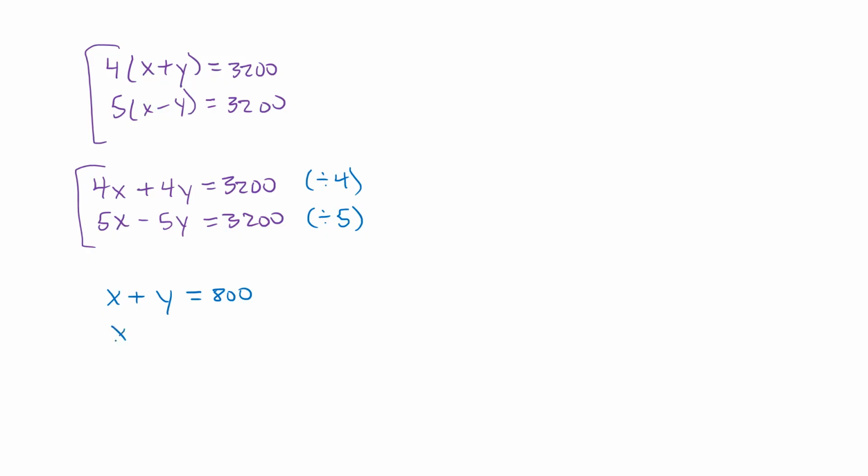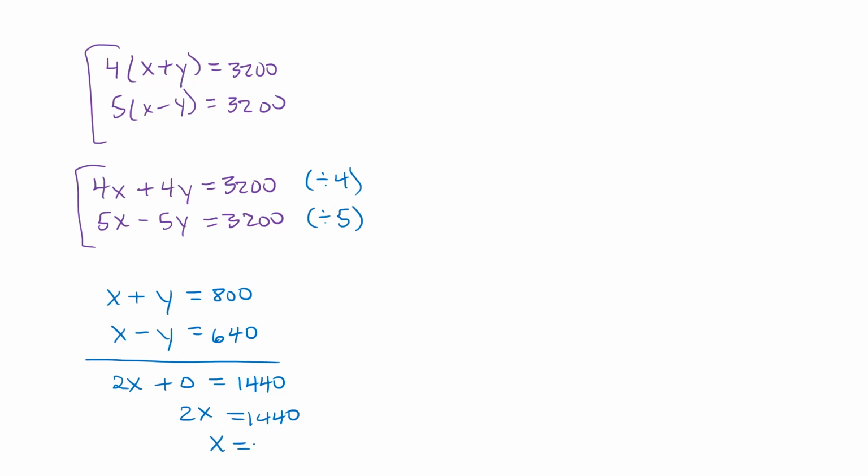Second equation, x minus y equals 640. Adding that, I'll get 2x plus 0 equals 1,440. So 2x equals 1,440, so x equals 720.